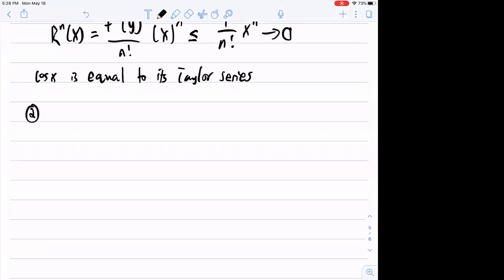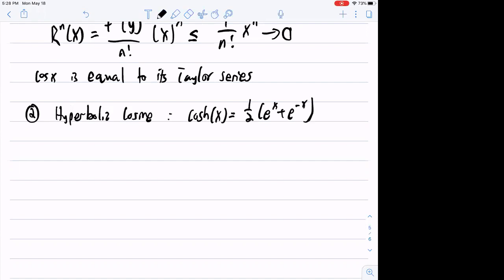There's something called the hyperbolic cosine. It's given by cosh of x. I don't know why it's denoted like this, but it's just shorthand for this function.